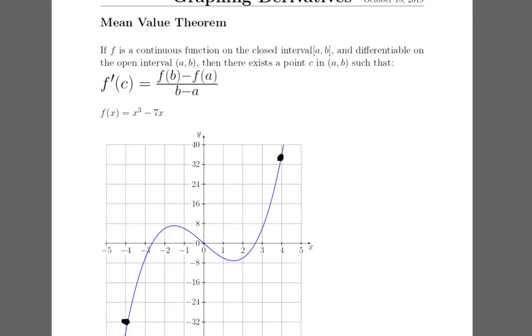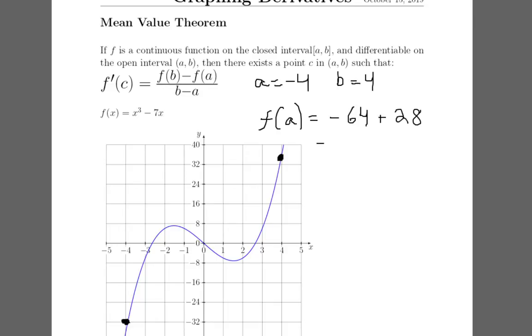Then f of a equals negative 4 cubed, that would be negative 64, minus a negative, so it would be plus 7 times 4, which is 28.